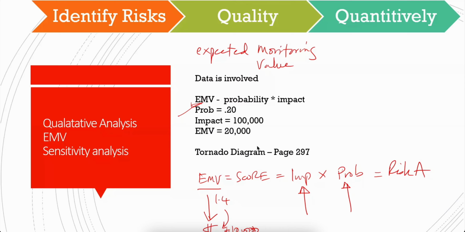That's how you use the EMV. This is all you need to know from an examination standpoint: what EMV is, expected monetary value, how you use it, and what it tells you. Whatever it tells you, you can equate a dollar amount to that.